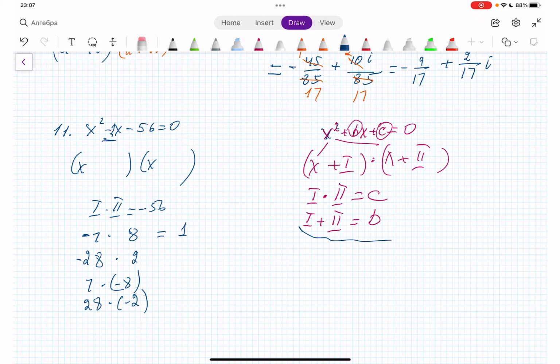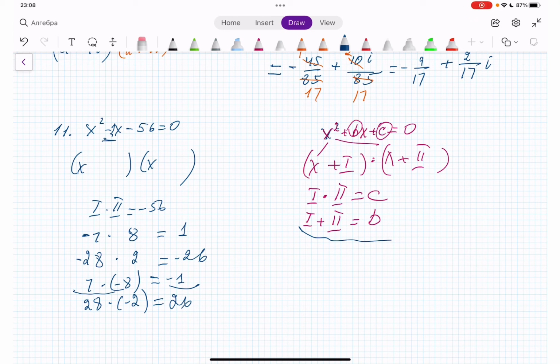We need negative 1. Negative 28 plus 2 is negative 26. 7 plus negative 8 is equal to negative 1. This one. So it looks like 7 and negative 8. And here 28 and negative 2 gives 26.